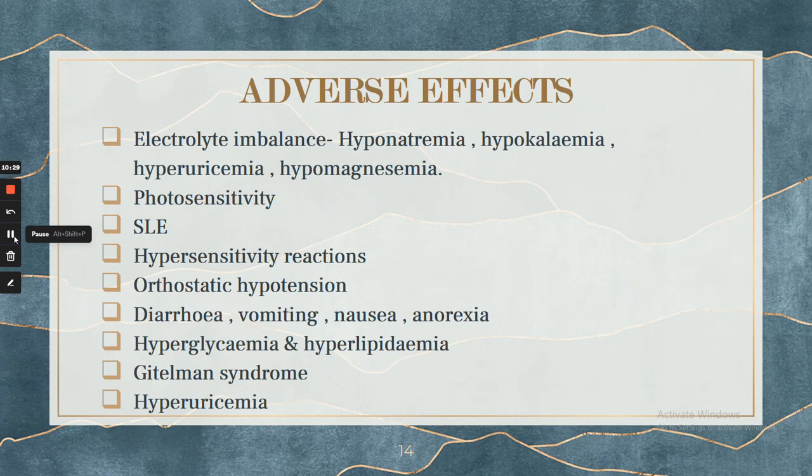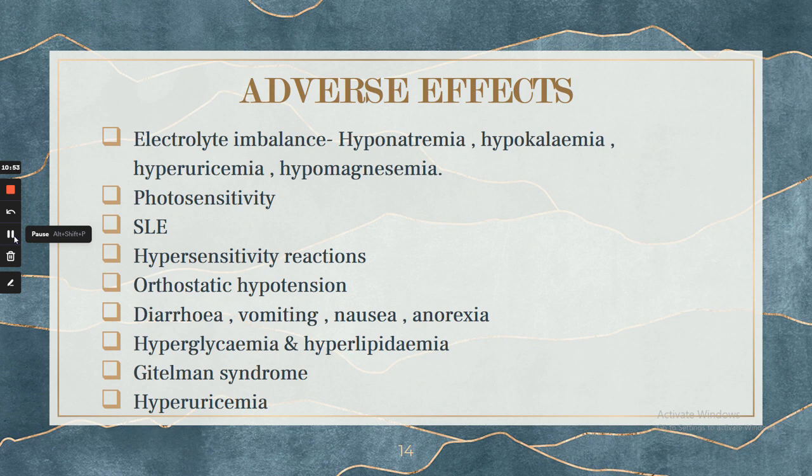This is because the sodium and potassium exchanger exchanges sodium for potassium back into the urine. Now hyperuricemia, because they actively block the transport of uric acid from blood to urine, and therefore it is used very cautiously in patients having gout, because in them the uric acid level is already very high.